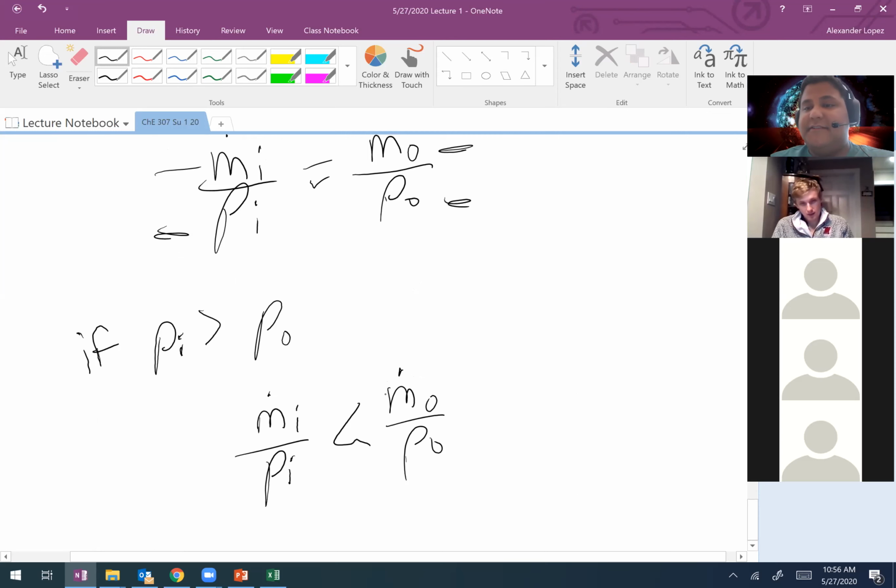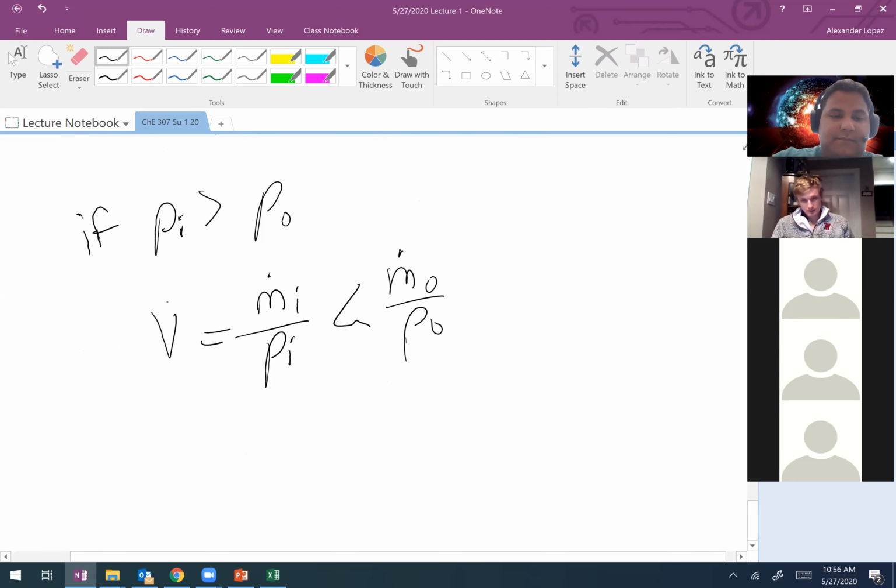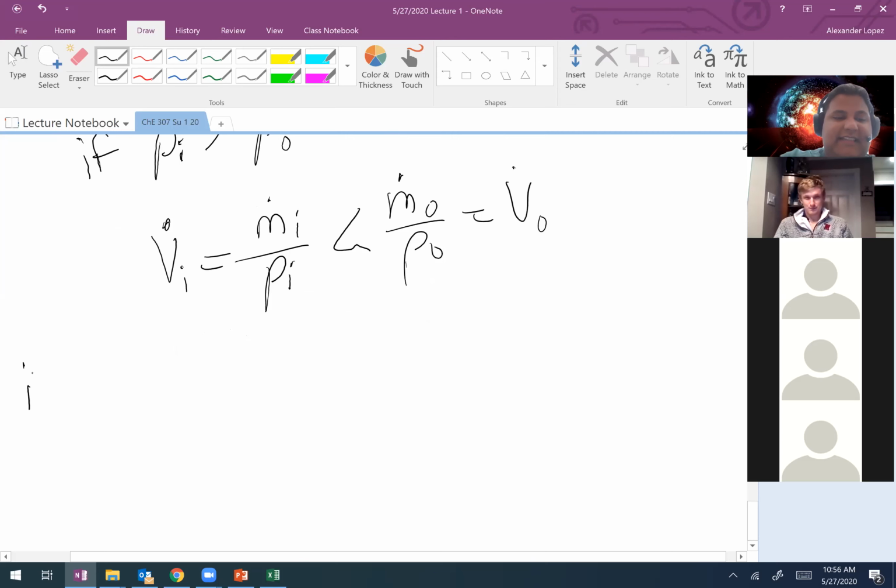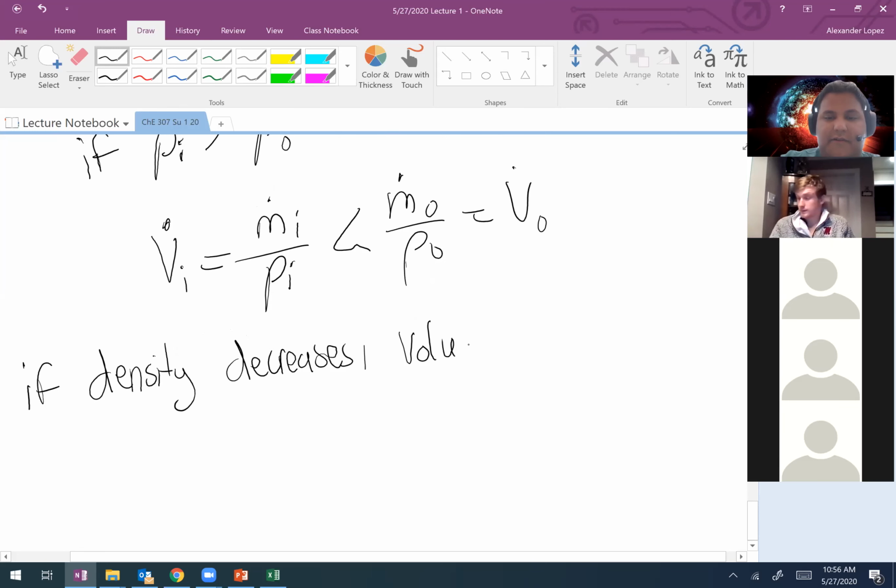That resulting sum, when I divide out my divisions, is going to cause these two values to not be equal. And that tells me that if my density decreases, my volumetric flow rate increases.